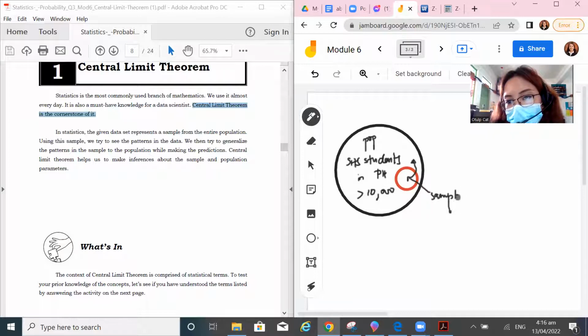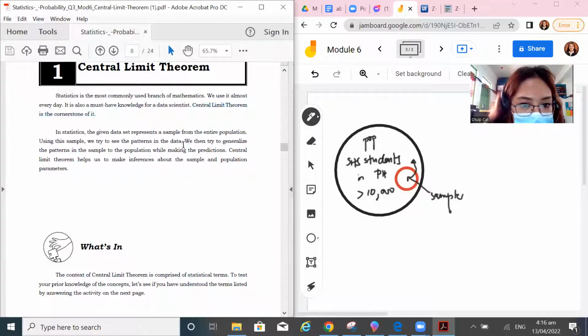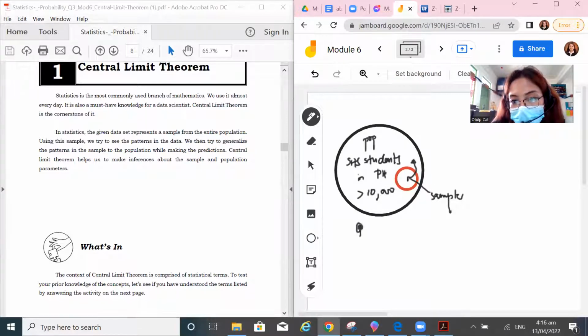This is the small portion of the population from which you collect data. The central limit theorem is used in order to make generalizations. Even though the sample is small, let's say only 100 students, it can represent the data of the whole Philippines.